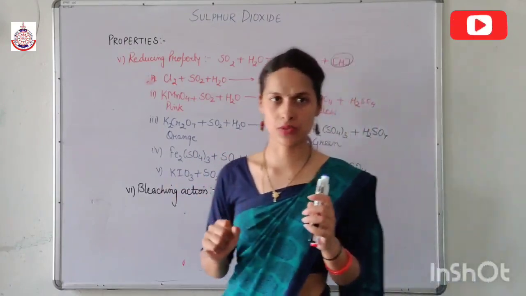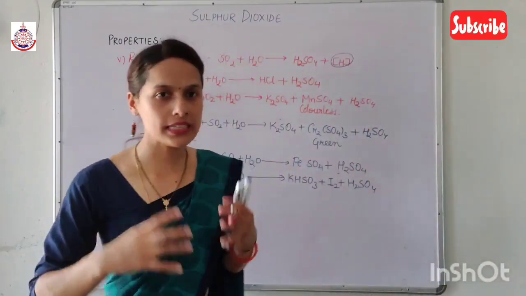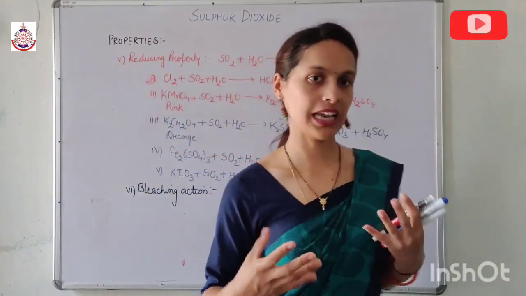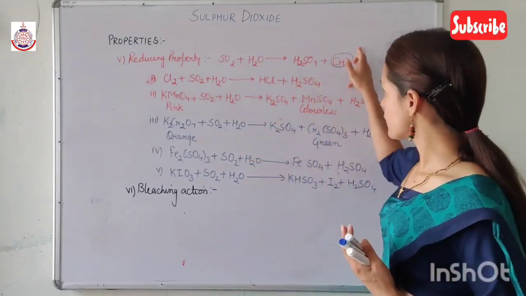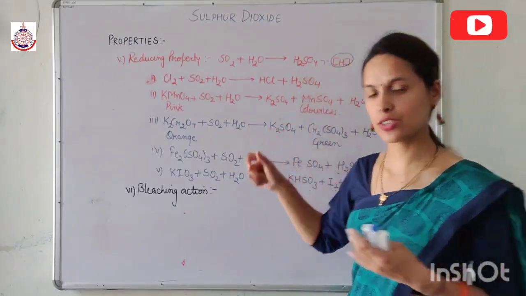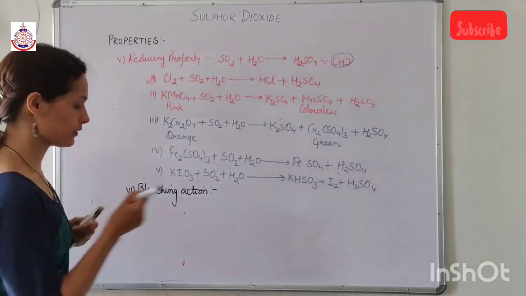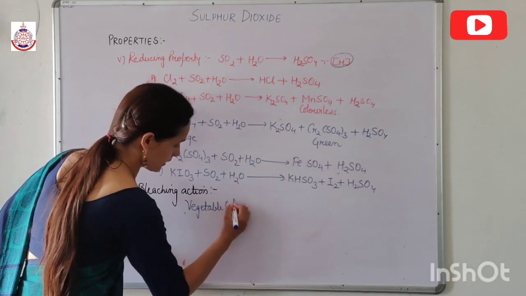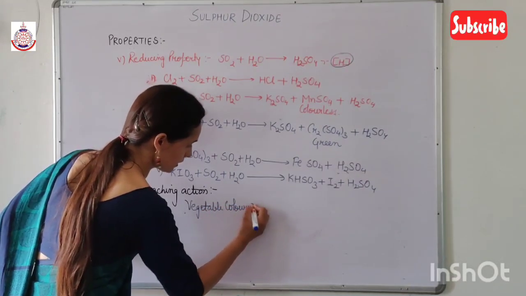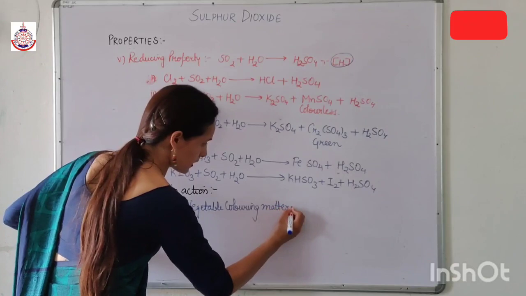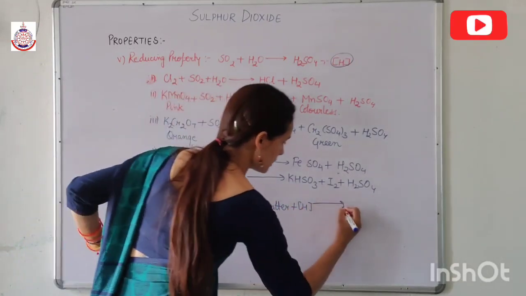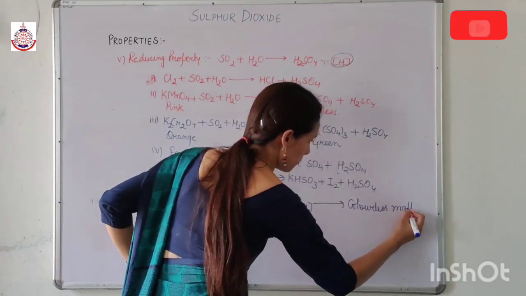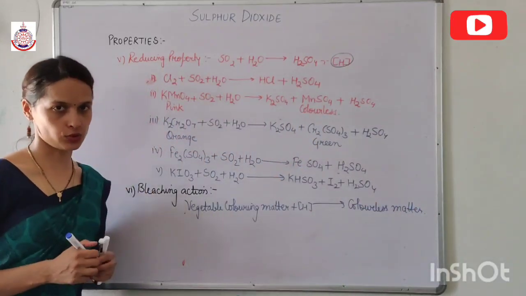It is used for bleaching delicate materials like silk and wool. The vegetable coloring matter reacts with nascent hydrogen and is converted into colorless matter. This is the bleaching property of SO2.